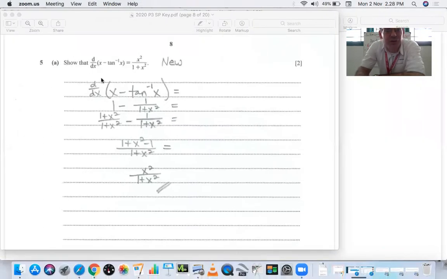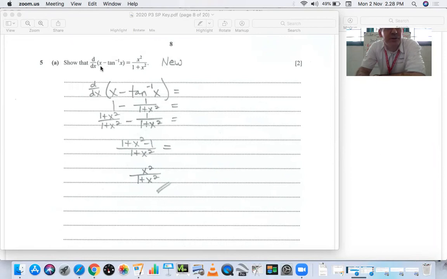Okay, just before we get to the integrals part, I wanted to show you the specimen paper for that new material. So this is from the specimen paper of 2020, and in number 5, it has this derivative of x.